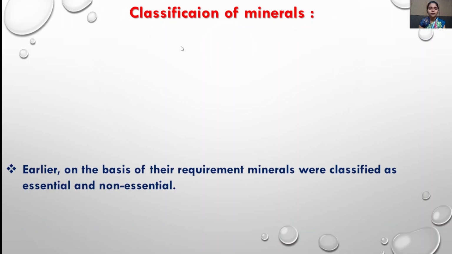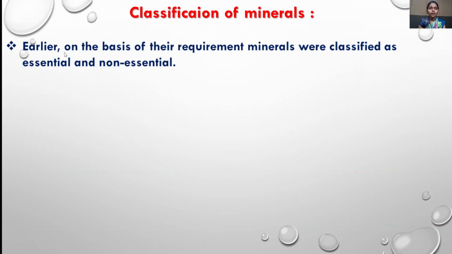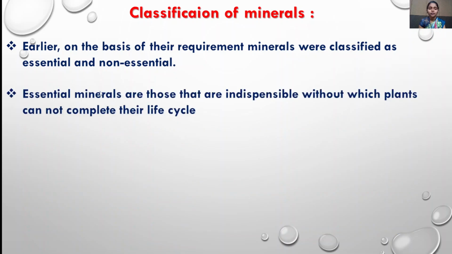Moves to the next slide. Classification of minerals. Earlier, on the basis of their requirement, minerals were classified as essential and non-essential. Essential minerals are those that are indispensable, without which plants cannot complete their life cycle.